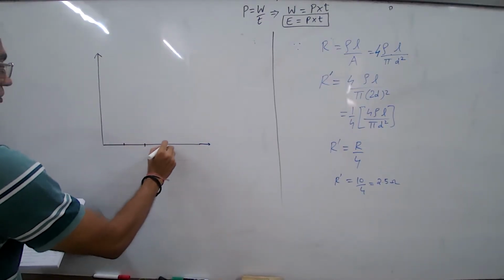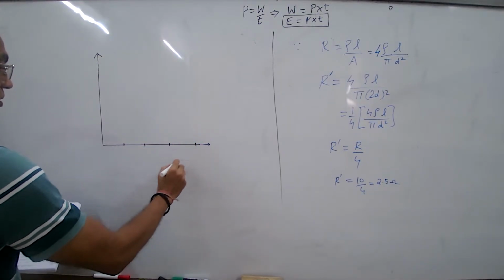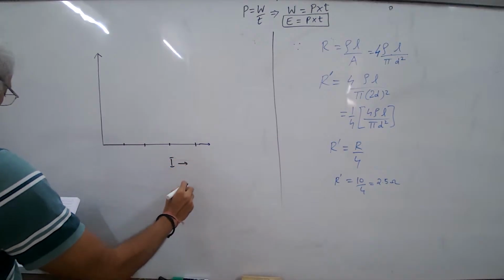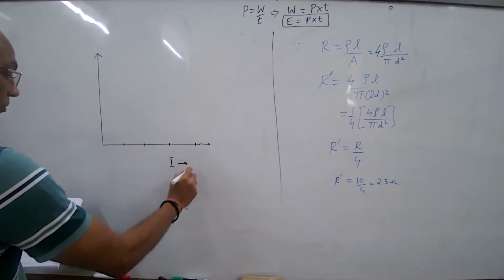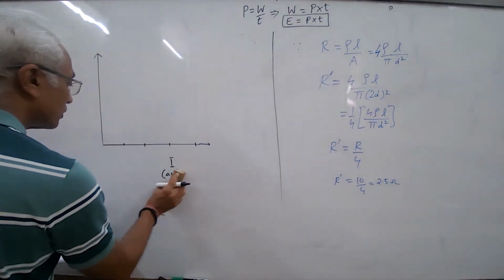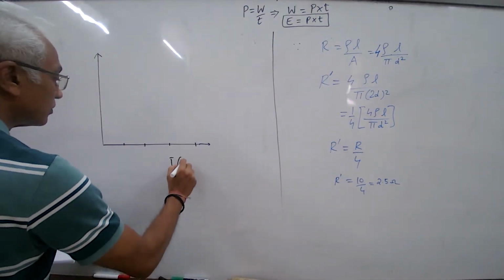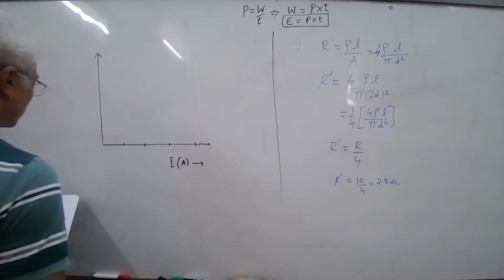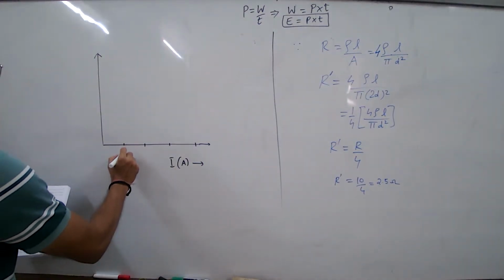One, three, four. This is I. I is given in... and here. One, two.